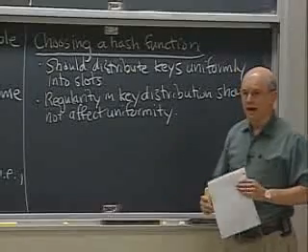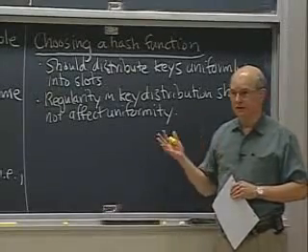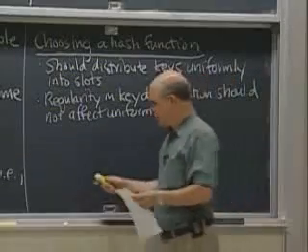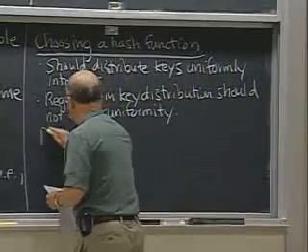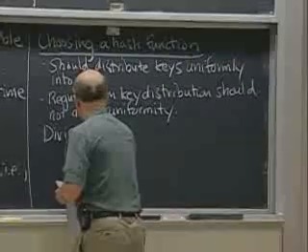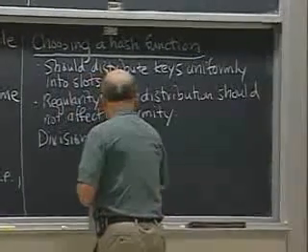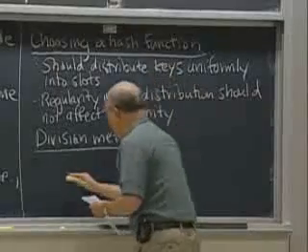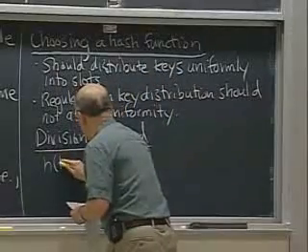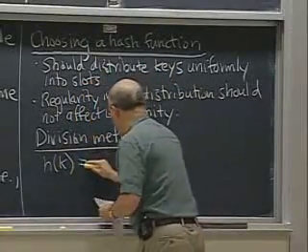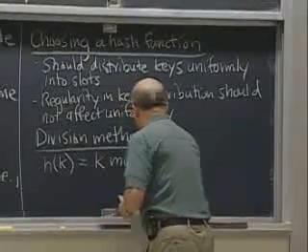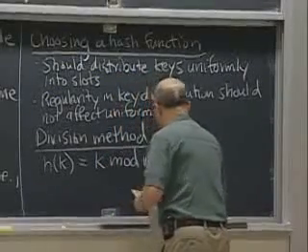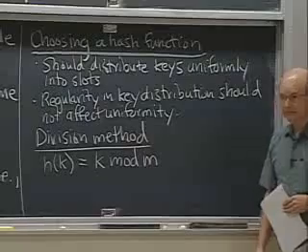So probably the most popular method used just for a quick hash function is what's called the division method. The idea here is that you simply let h of k for a key equal k modulo m, where m is the number of slots in your table.